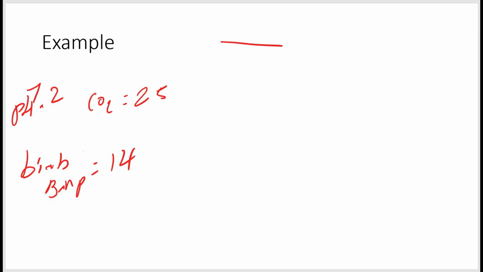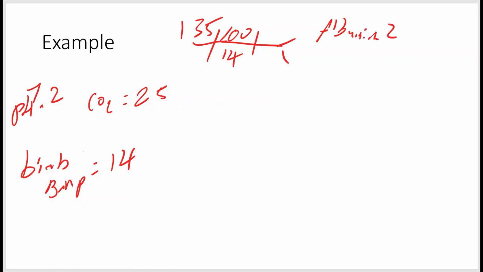Let's say our sodium is 135, the chloride is 100, the bicarb we said was 14, and let's say the albumin is 2.